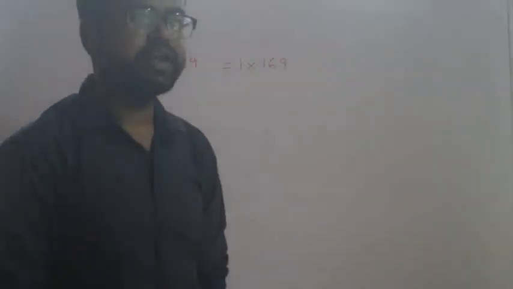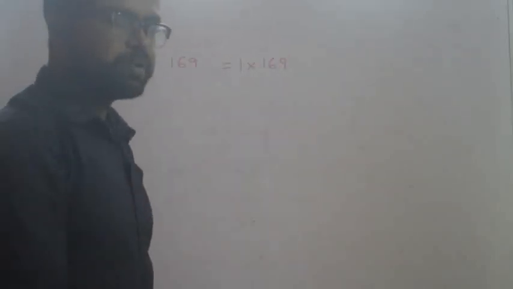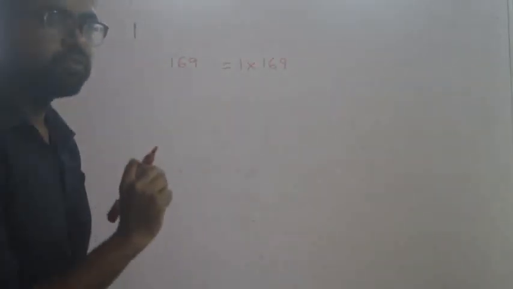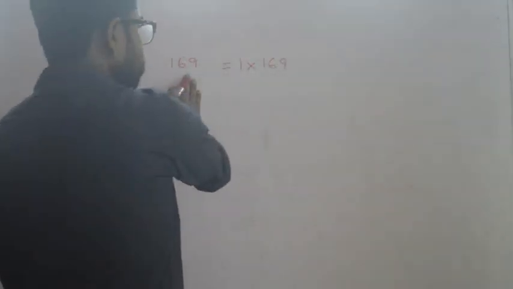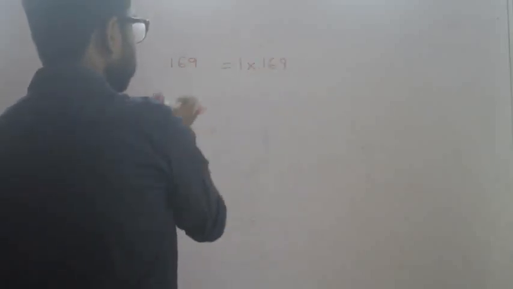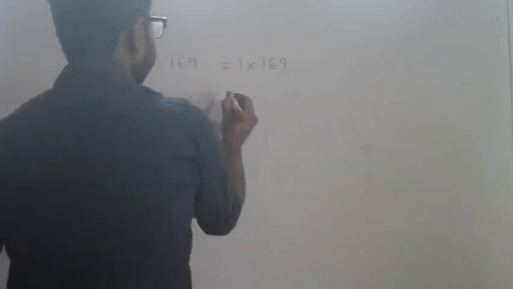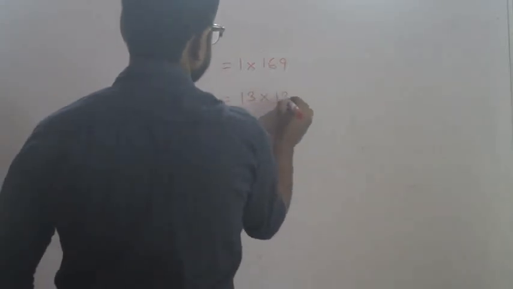They will write 1 into 169, and since it has only 2 factors, it is a prime number. But that is not the case. You have to look for all possibilities. It is not divisible by 2, nor by 3, nor by 5, nor 7, nor 11, but it can be written as 13 into 13.